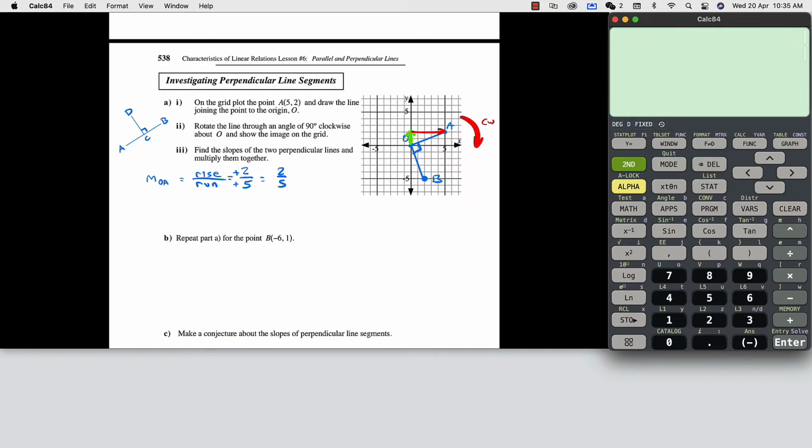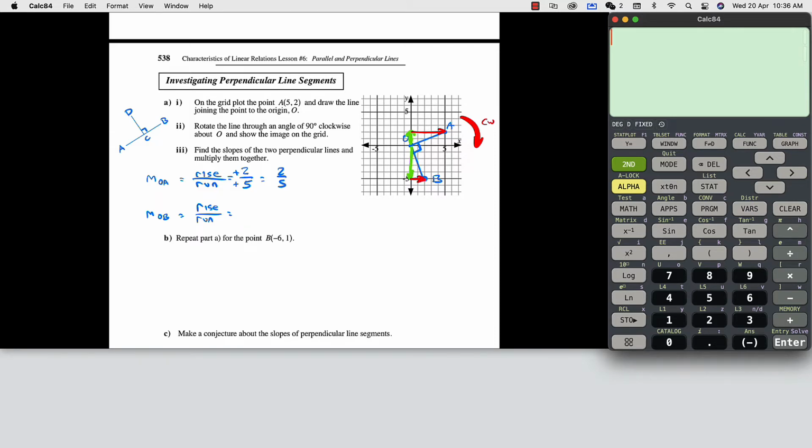Now what about the slope of OB? Again, that's going to be rise over run. And coming from the origin, I'm going to have to go down to get to this point. So 1, 2, 3, 4, 5 down, and then 1, 2 to the right.